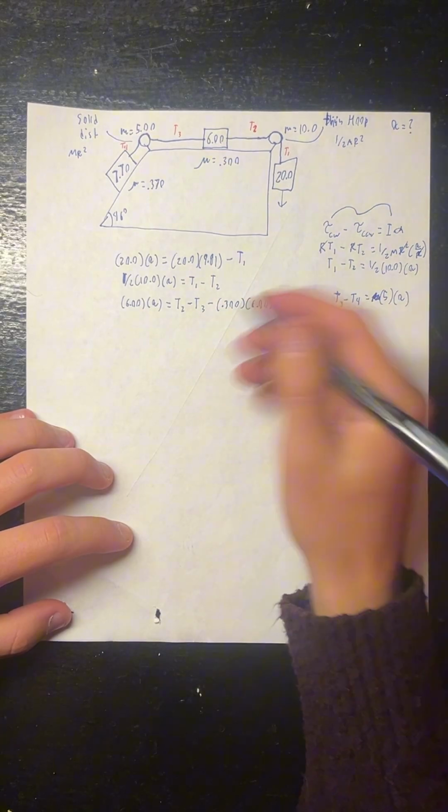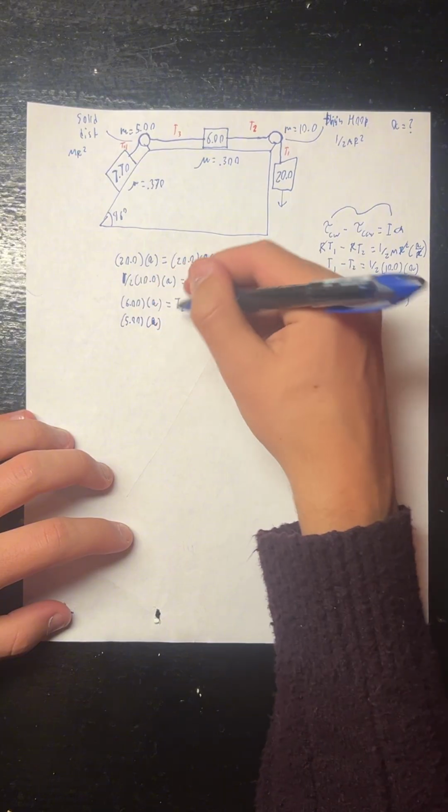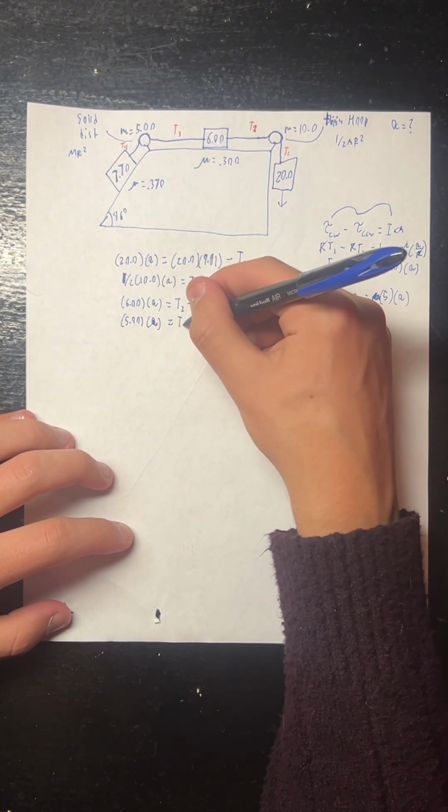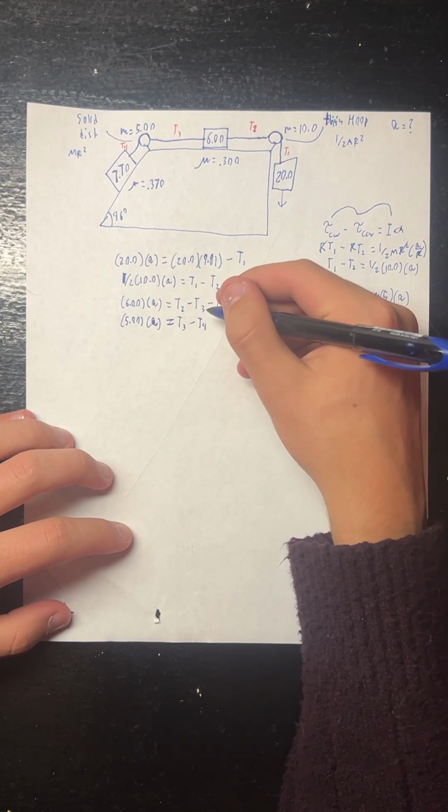Right? So we can plug that in here. 5.00 times a equals T3 minus T4.